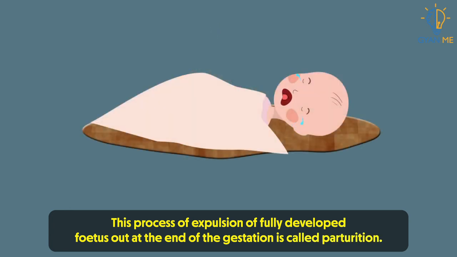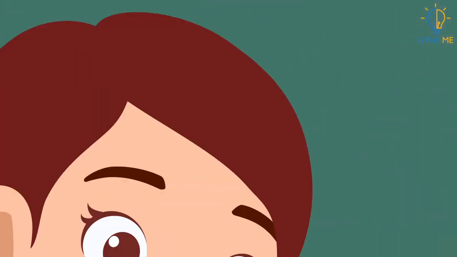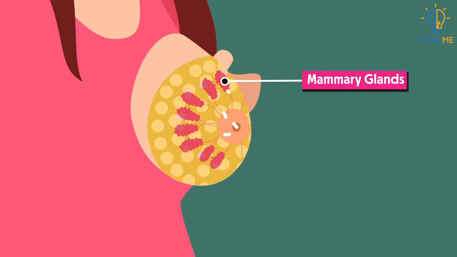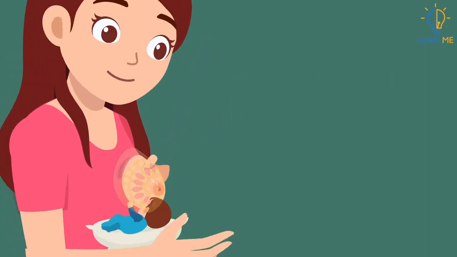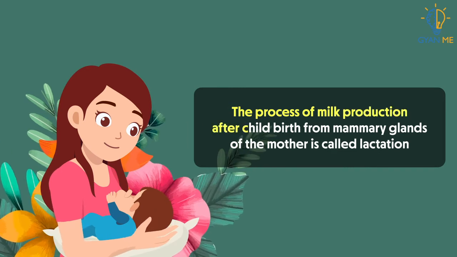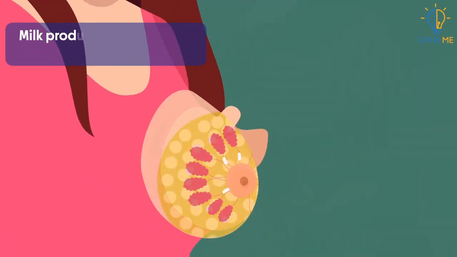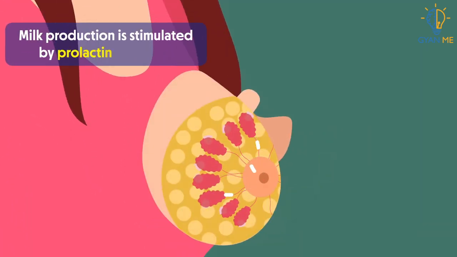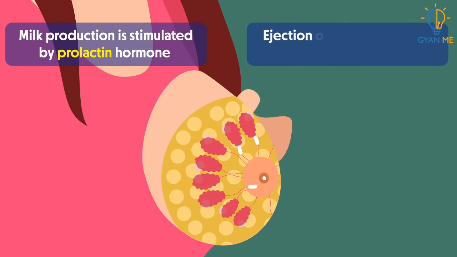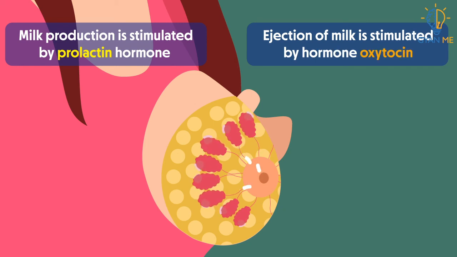Now, another important change that occurs in females during pregnancy is the development of mammary glands in order to produce milk. The process of milk production after childbirth from the mammary glands of the mother is called lactation. Now, milk production is stimulated by the prolactin hormone, and the ejection of milk from the breast is stimulated by the hormone oxytocin.